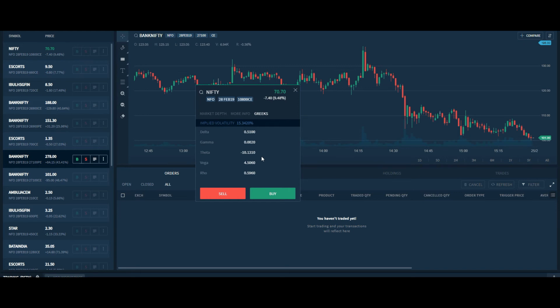Wherever you see the theta is highest, that is where people generally sell the options. Okay, so you get the maximum premium from selling that particular option. So that is the whole funda of using these numbers for our daily trading activities.